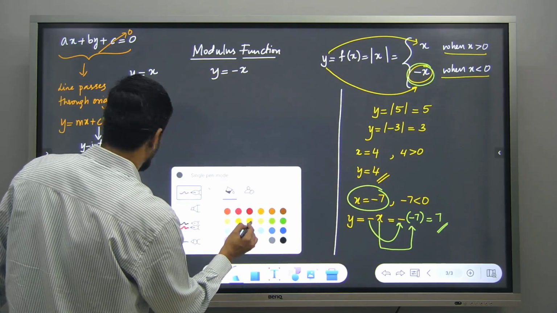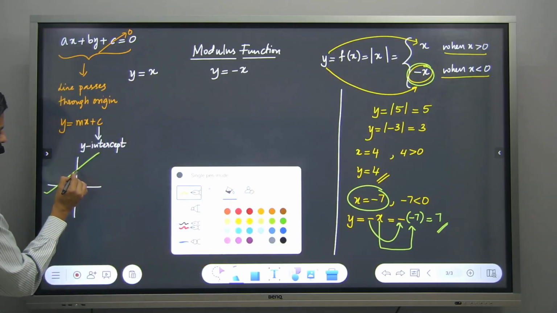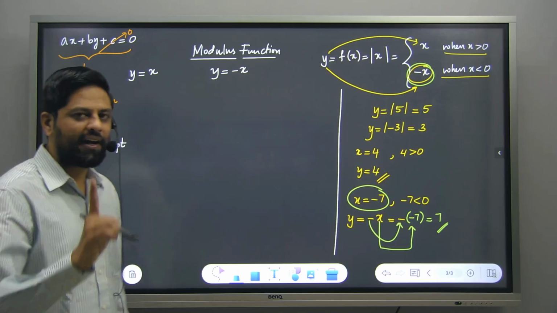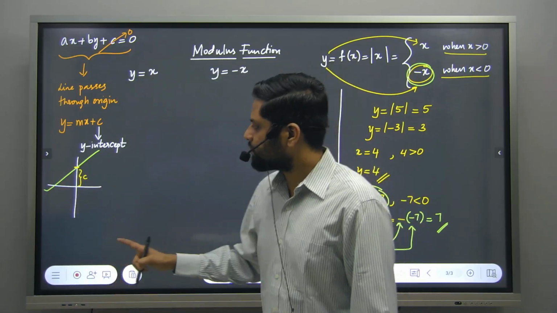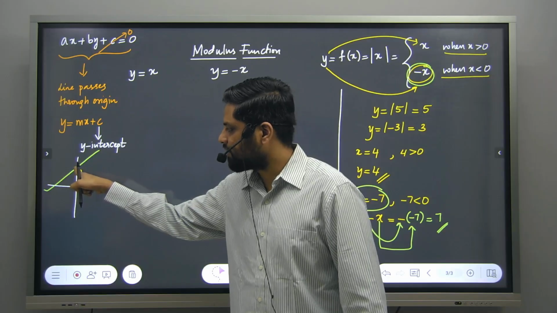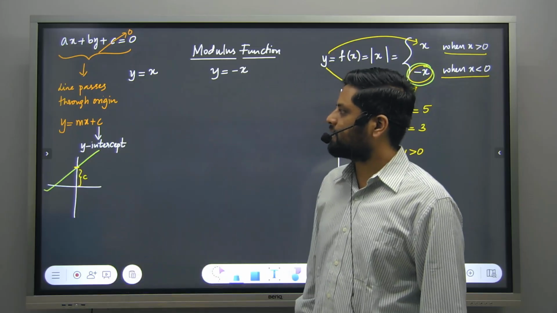I'll use a different color. So from this point here to the origin is going to be your distance c.